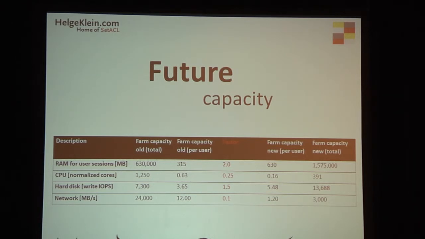Same for hard disk, CPU, and so on. Now, the only thing that remains is I need to split this up into individual servers. I can, of course, build a few very big servers or many smaller servers. That depends. What you want to do depends on your preference or your customer's preferences.